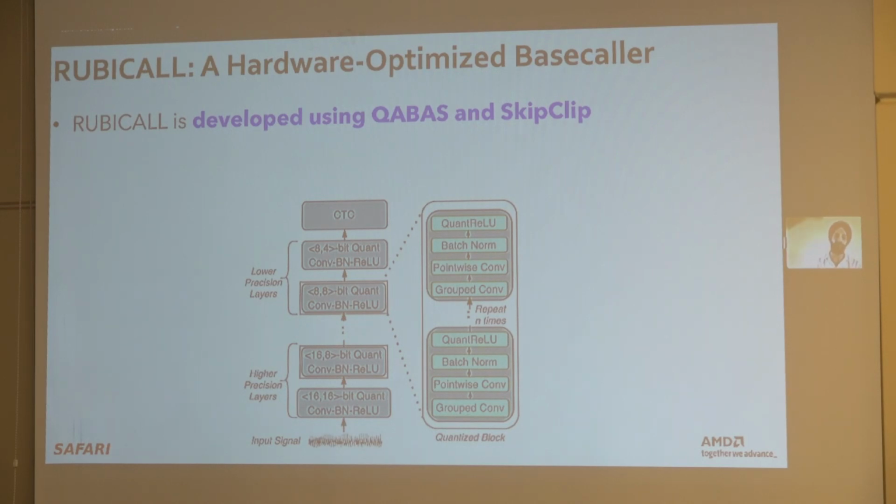This makes sense, because if you see from the input side, we have an analog signal which requires more precision, but on the output side, we only need to map it to ACGT base pairs, so we can do it with a lower precision. So QABAS is able to learn these kinds of techniques.